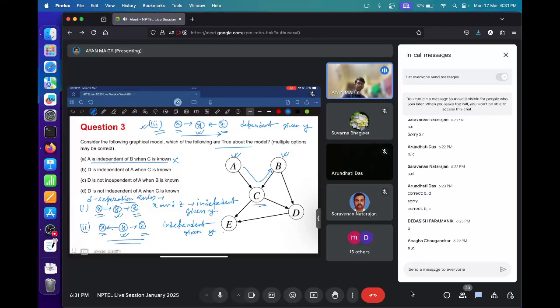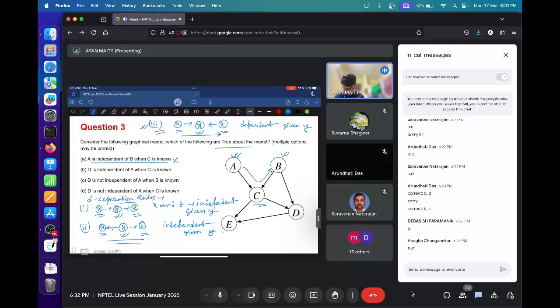So we have to find at least one path from A to B which is not blocked by any other node. If there is at least one path, they are dependent on each other. So option A is not correct. A and B are not independent of each other if C is known.